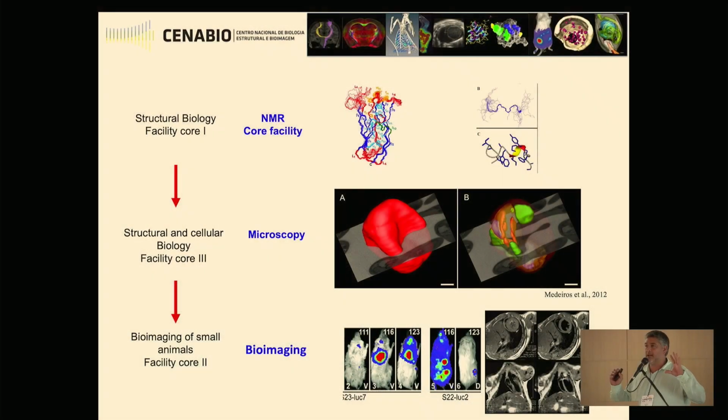It is located at the Federal University of Rio de Janeiro. The concept of this building was to put together not only a lot of equipment, but also a mentality, how to study from the structure to the molecule, and the bioimaging from whole animals.